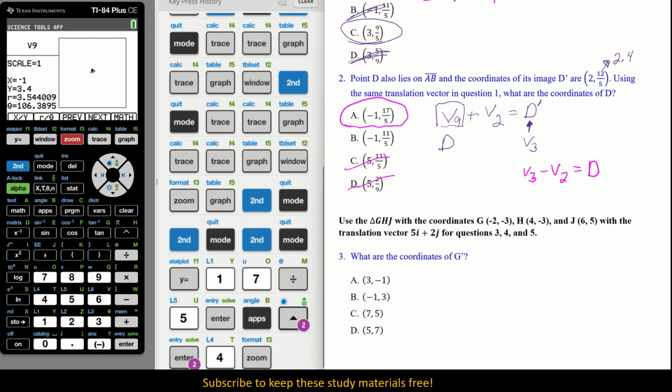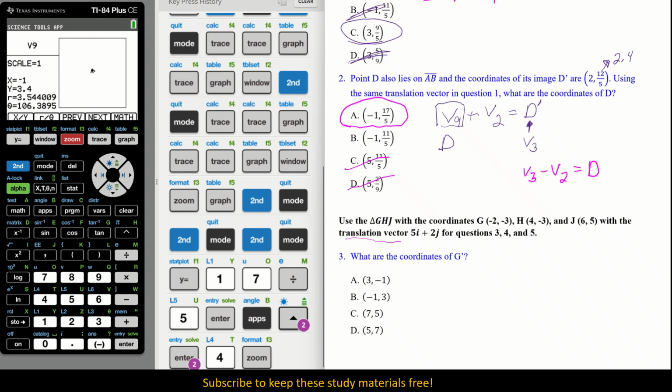All right, let's go to number 3. Now, looks like for number 3, they say use the triangle GHJ with the coordinates G, H, and J with the translation vector 5i plus 2j for questions 3, 4, and 5.